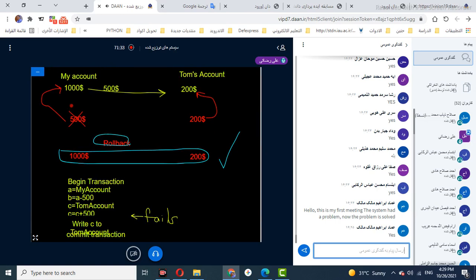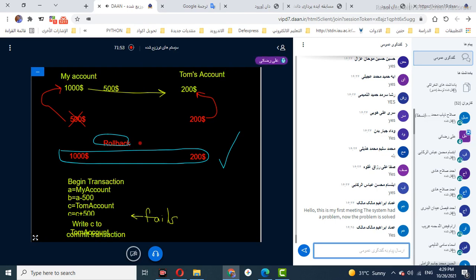So in this case, the balance in my account will be changed to $1,000, and the balance of Tom's account will be changed to $200. This is how rollback acts.